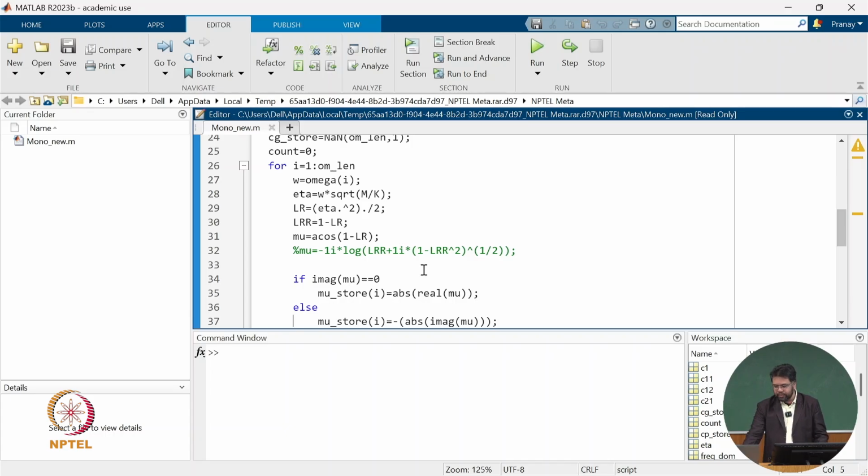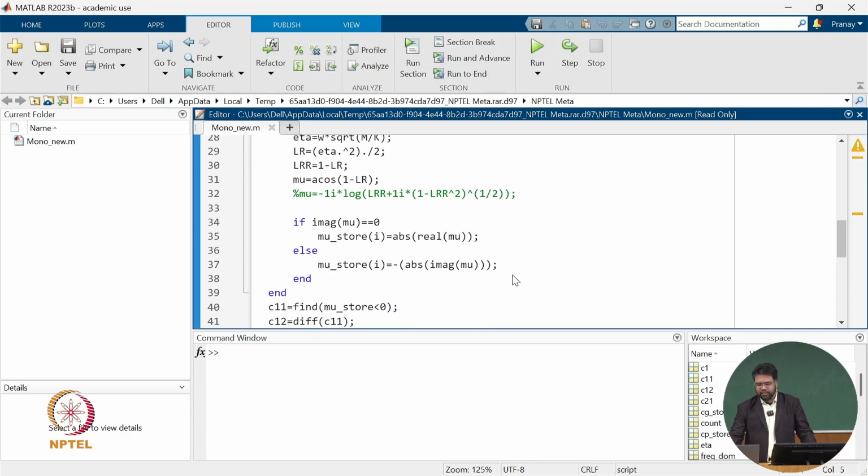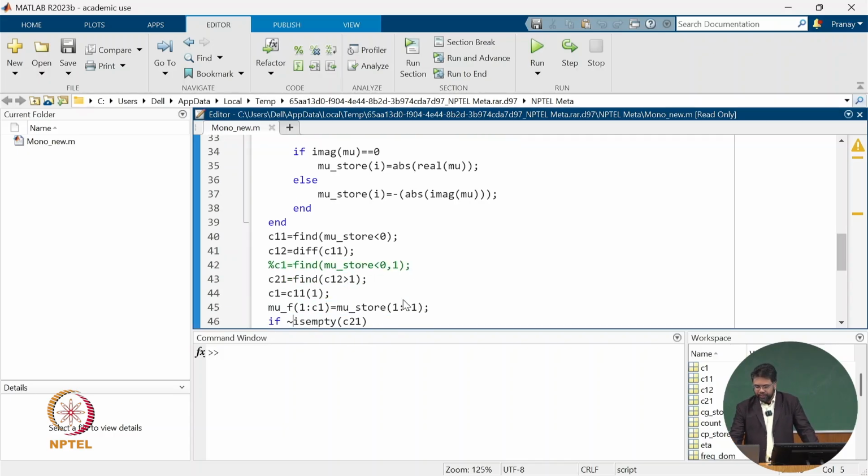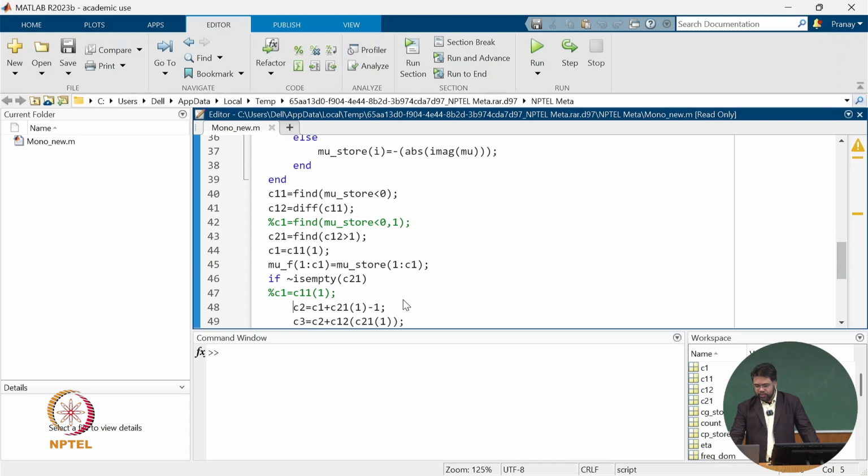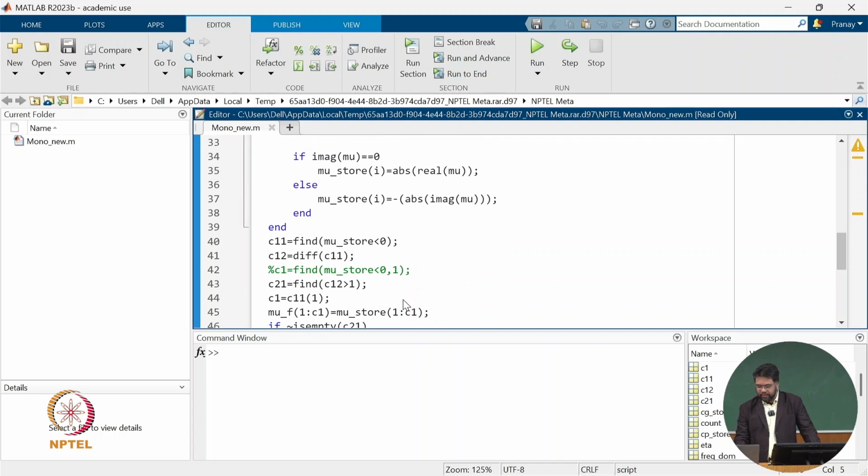So we have written that, and you can see we are storing the imaginary part. If the imaginary part is 0, then we store the absolute value as mu stored, and otherwise, once the imaginary part is non-zero, we store it the other way. Once the imaginary part of mu is equal to 0, that means the solution is purely real, so the wave should be able to propagate.